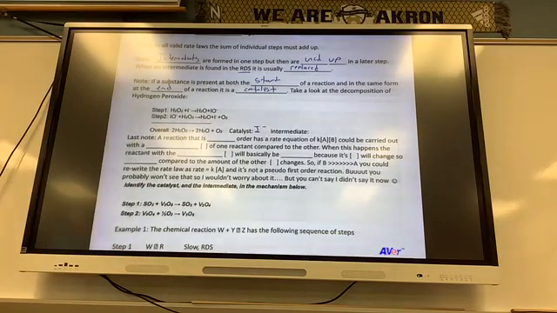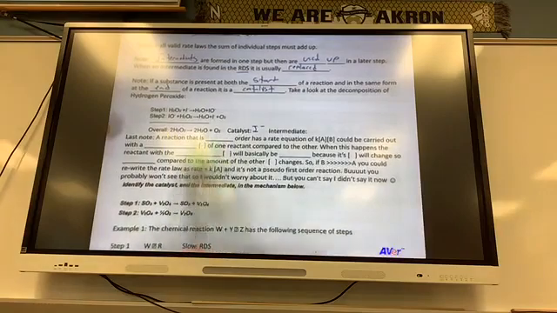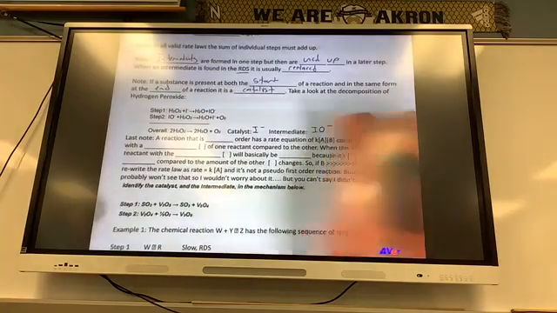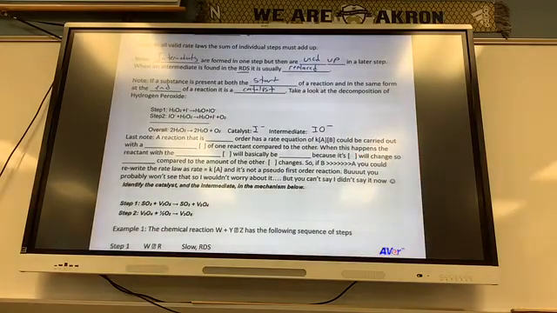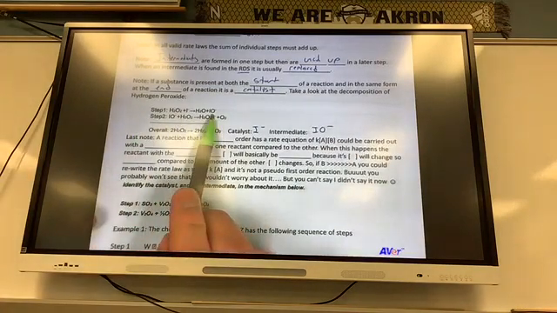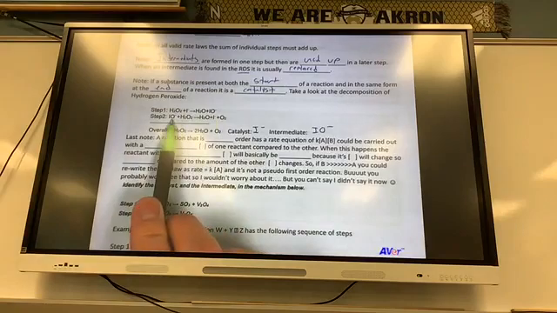The intermediate would be what? Any guesses? Well, look at your overall. It's going to be used up, so it's the IO minus. It's the IO minus because if you look, I end with it in the first step and I begin with it in the second step.